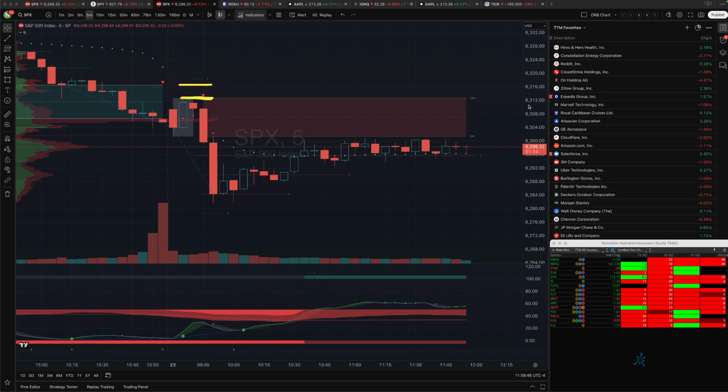In this case, I did the 63.15s because they're in $5 increments, right? The 63.15s were slightly above the 63.12s, which was the top end of the opening range, and I was buying the 63.20s behind it.